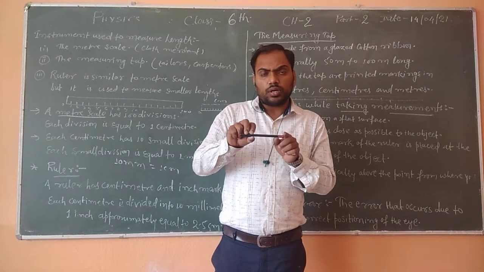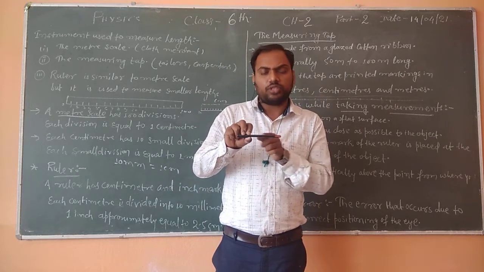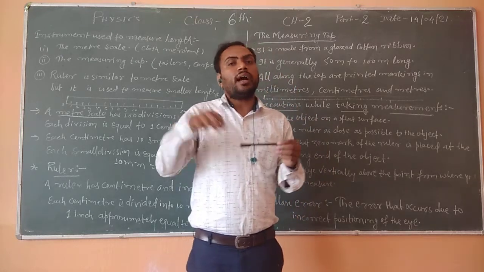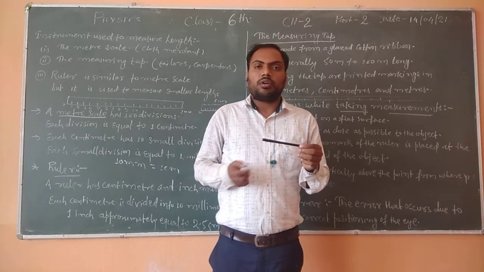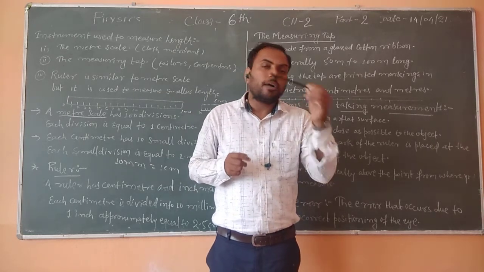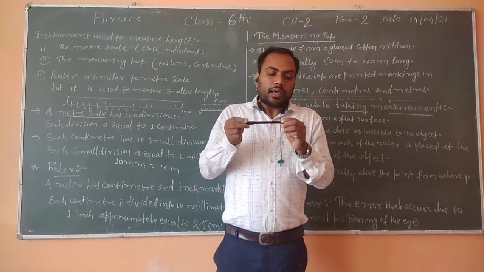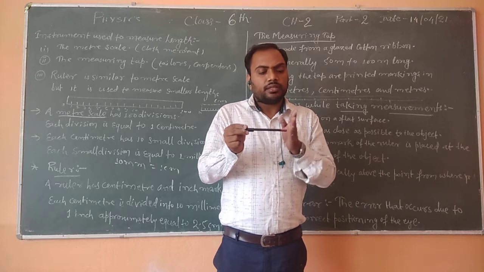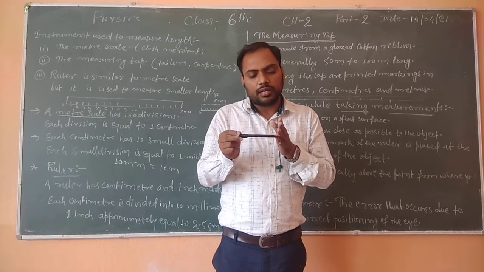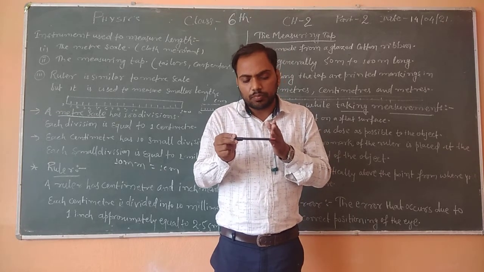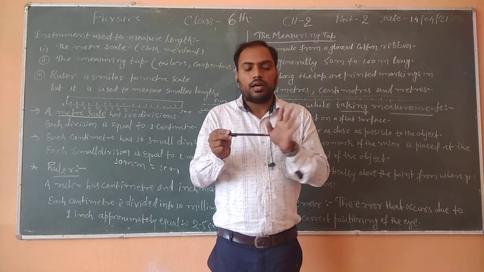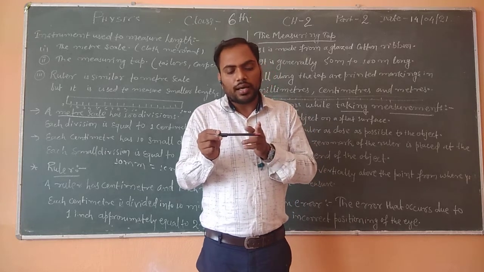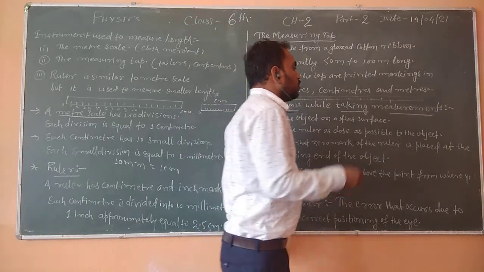There is no starting reading from 0. It is not able to read from 0, and I have to measure some objects with this scale. How will I manage it? If it has no 0 reading, then I will start reading from 2. There is a marking of 2, and the part less than 2 has been broken. So I will start reading from 2.